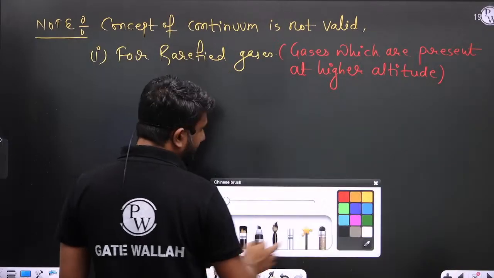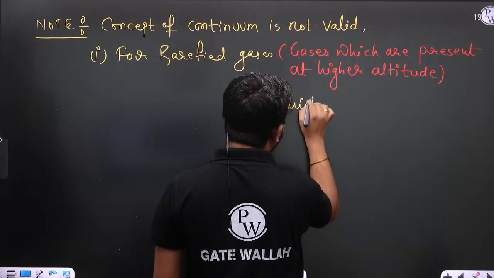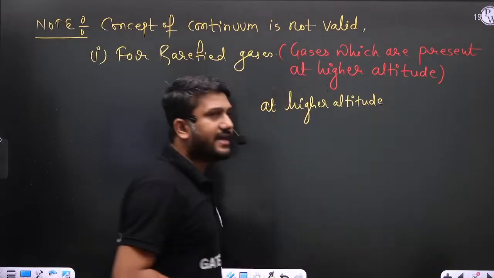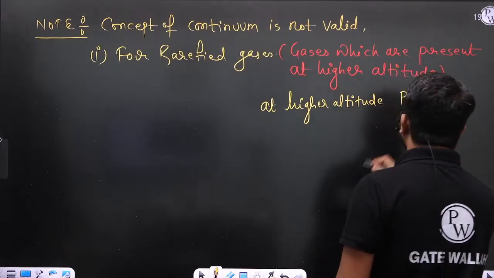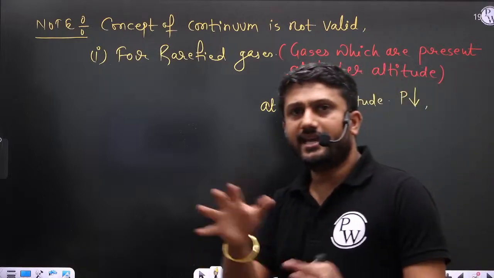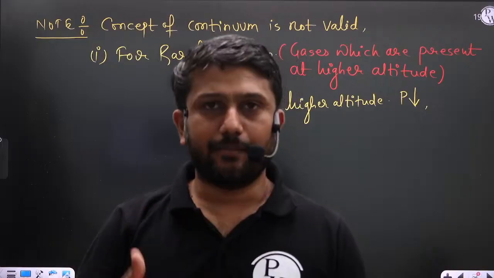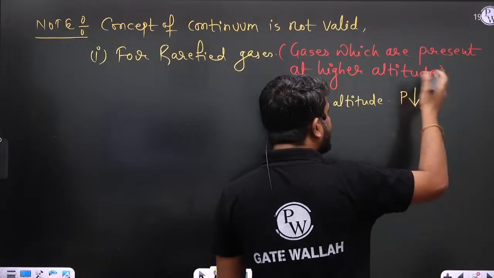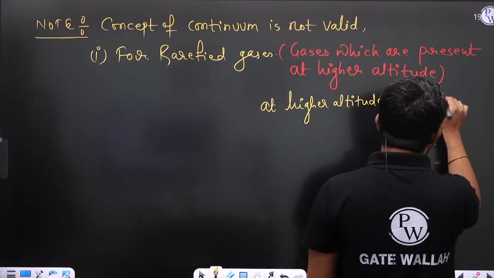So we know that at the higher altitude, pressure is low. And if pressure is low, that means in a given volume, the number of fluid particles, or I can say the number of air particles, are less, right? If pressure is less, in a given volume the number of molecules of the gases are less.